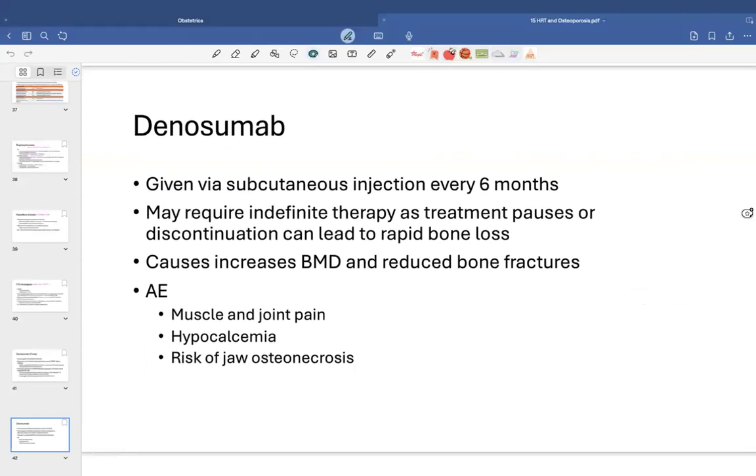Unlike Forteo, you have to stay on it if you are started on it. Over time, it will improve bone mineral density and reduce bone fractures, and it's associated with some side effects, including muscle and joint pain, hypocalcemia, and the risk of jaw osteonecrosis, like you saw with bisphosphonates.